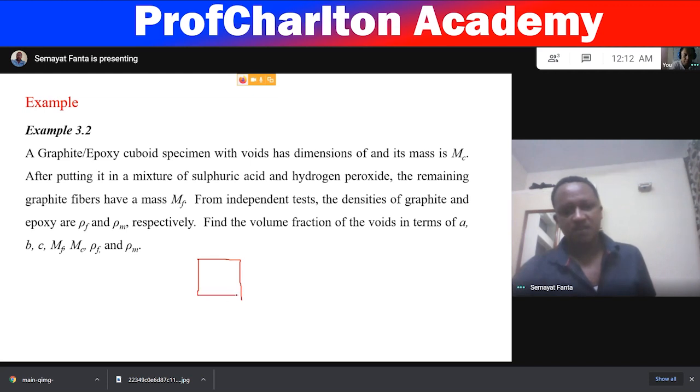That means maybe the cube dimension of the material, and we can take this as A, this is B, and this is C.